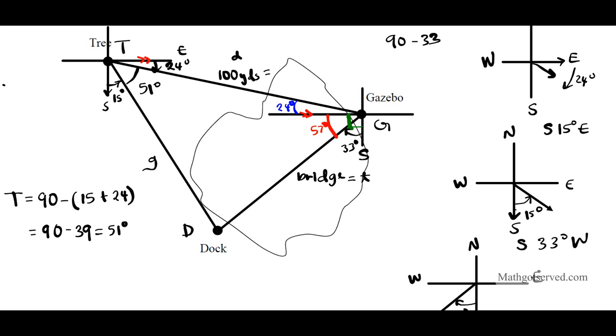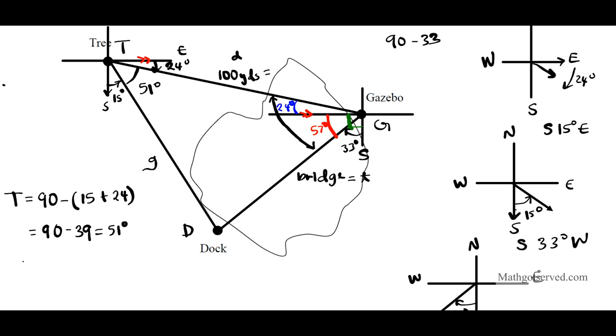Now, what is the measure of this entire angle going to be? That will be the measure of angle G, right? The measure of the entire angle G is going to be the sum of these two individual angles right here.